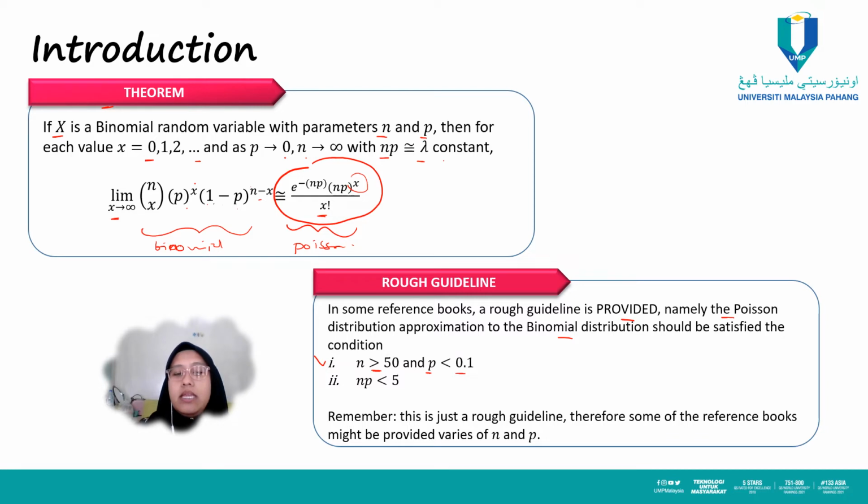And if you calculate n multiplied by p, it must be less than 5. You must remember this is just a rough guideline, because some books will use different values for n and p.